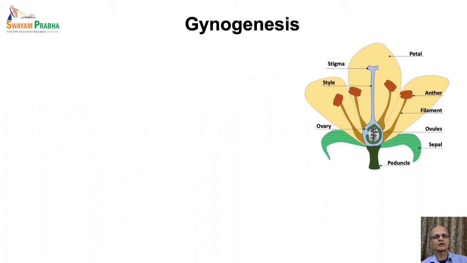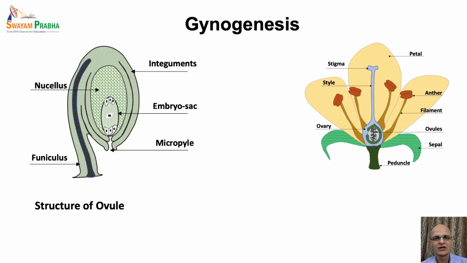Let's have a look at the structure of the ovule and the female gametophyte. So here is a typical cartoon structure of the ovule. Usually it is an oval-shaped multicellular structure which is present inside the chamber of the ovary. One ovary can have either one or more ovules.